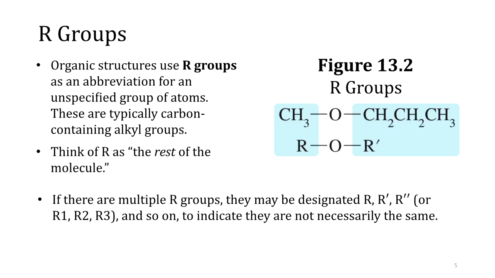Now, another nomenclature we have is what we call R groups. An R group generally is what we call an alkyl group. So a methyl group would be an R group, an ethyl group, propyl group, a butyl group, and so forth. So this is just a shorthand notation because it turns out that the heteroatom very often is the driver for the chemical reactivity for the system.